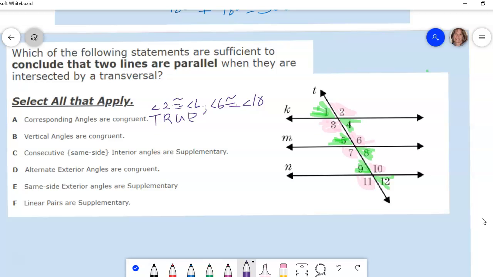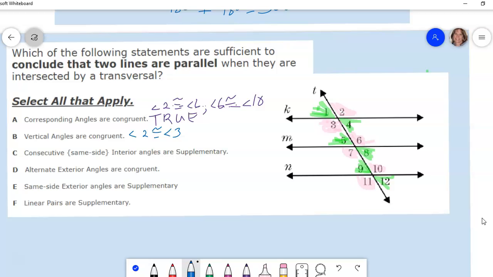All right, vertical angles are congruent. Well, by definition, that is true. So, for instance, angle 2 is congruent to angle 3. Does that have anything to do with proving lines K and M are parallel?